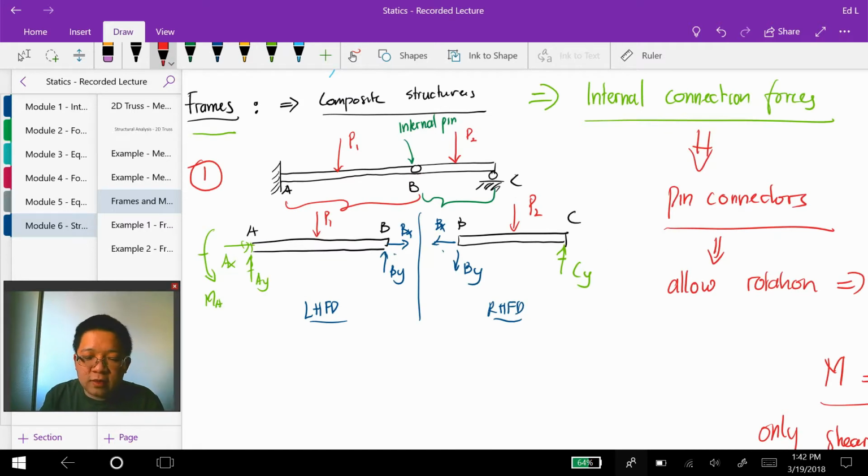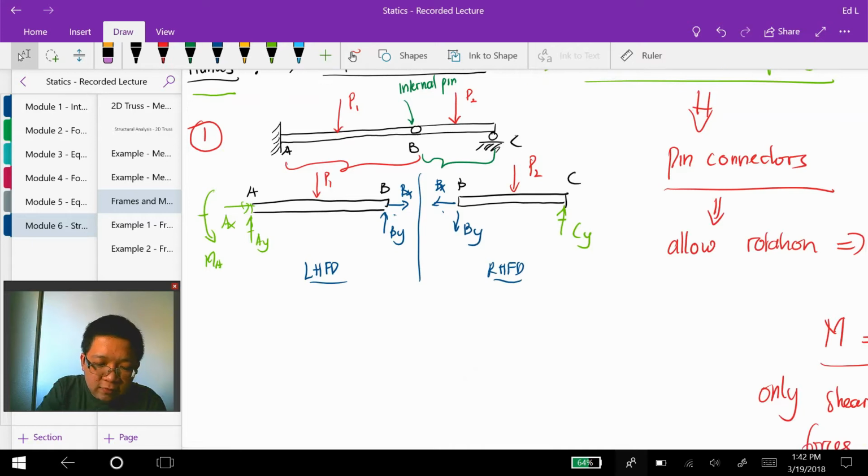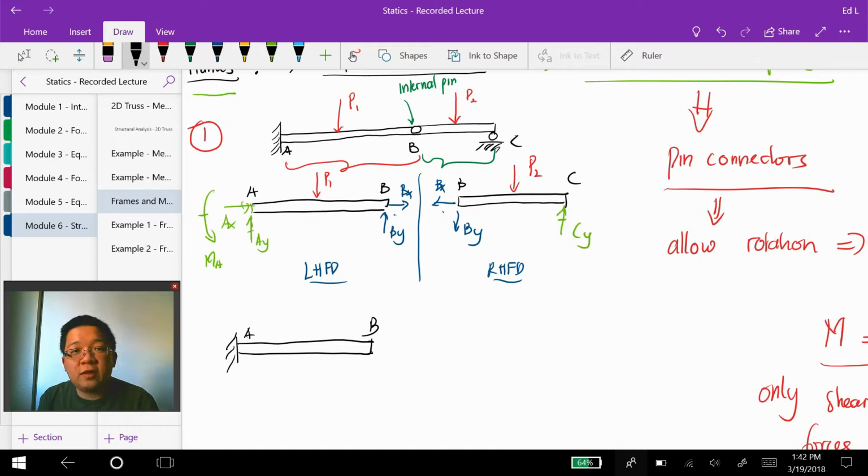However, there is one thing that I would like to say for these composite structures. If we observe the member AB itself, where at A it is a fixed support, this structure is a stable structure, because it provides enough constraint to restrict the rigid body motions of the member in the two-dimensional plane.